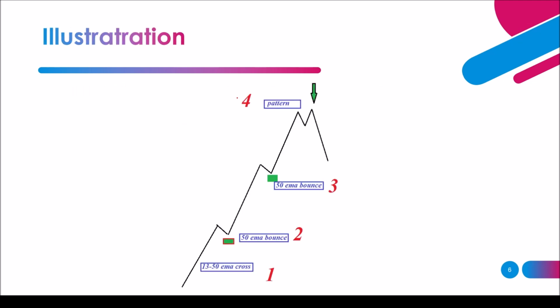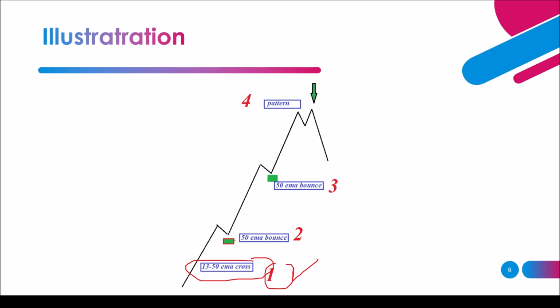So here's the illustration of what we were talking about. The 4 steps that we have referred to are crossover, bounce, bounce, pattern. The first thing that you need to see is the 13/50 EMA crossover as the first step. After seeing the 13/50 EMA crossover, you'd know that we are now in a particular bias.